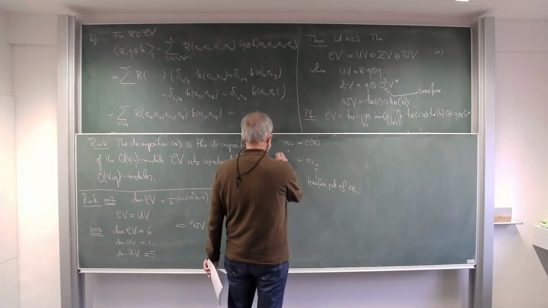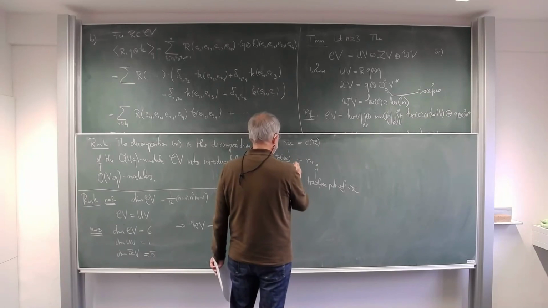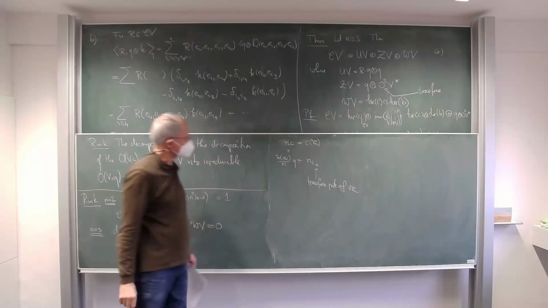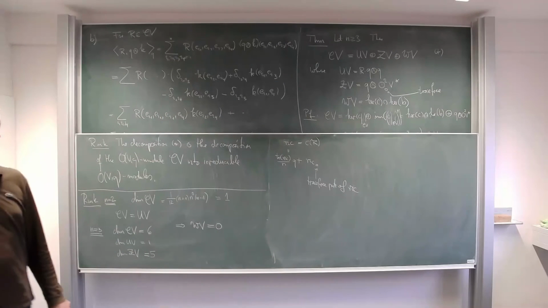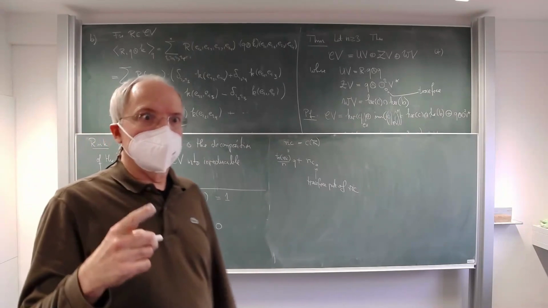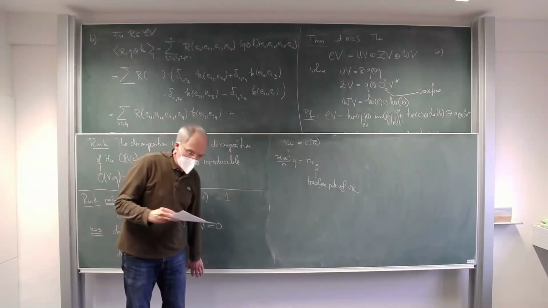And this multiple is the trace of Ricci divided by the dimension times q. Because if you take the trace of the identity, you get n and not 1. So this is what I have to divide by n. Good.